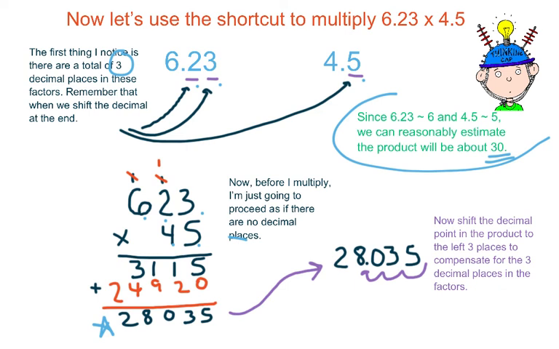Now, shift the decimal point in the product to the left 3 places to compensate for the 3 decimal places in the factors. Remember, there were 1, 2, 3 decimal places in our 2 original factors. Here's that 3 decimal place compensation, 1, 2, 3. Our final product is 28 and 35 thousandths.